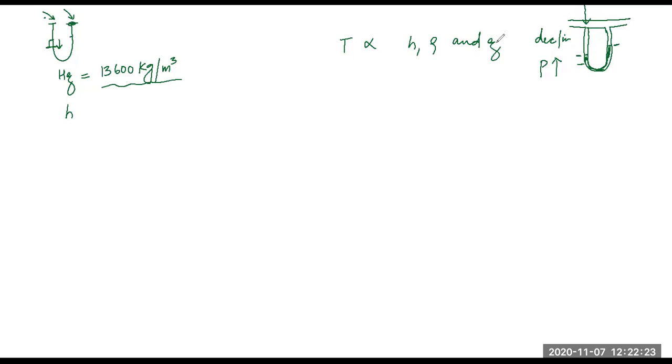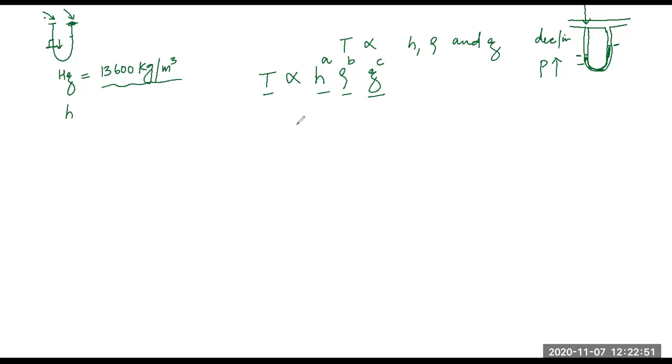Okay. So how can we do it? So first step, we will assume time period of oscillation is proportional to h raised to power a, rho raised to power b, and g raised to power c. Okay, that's good.